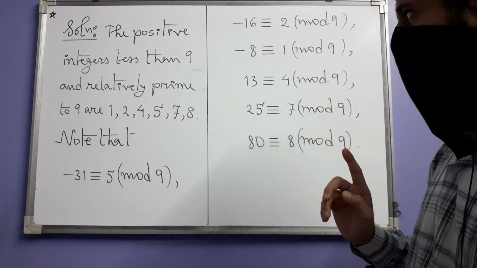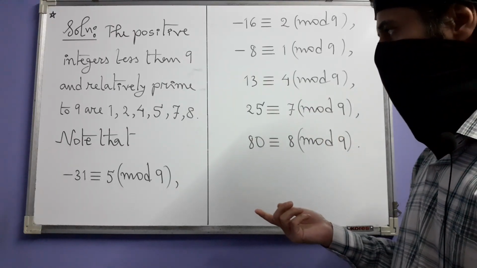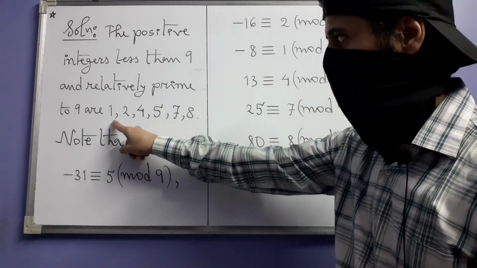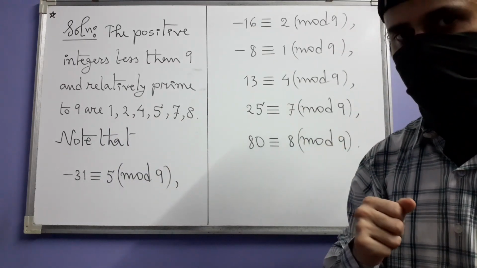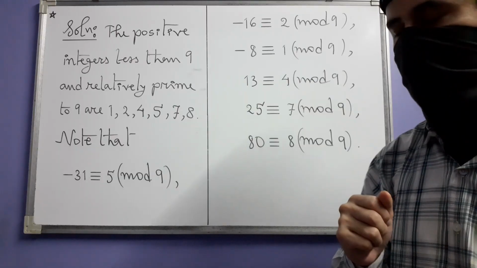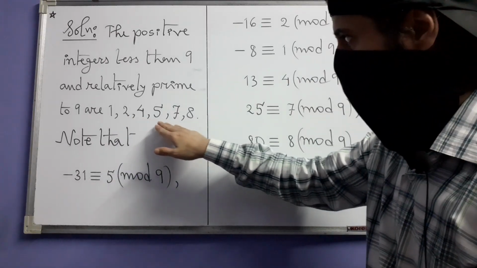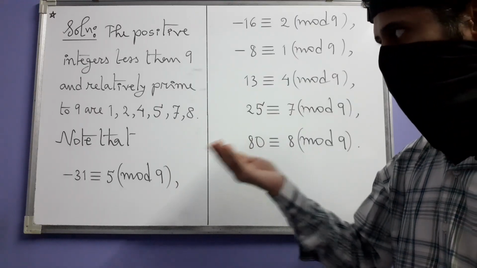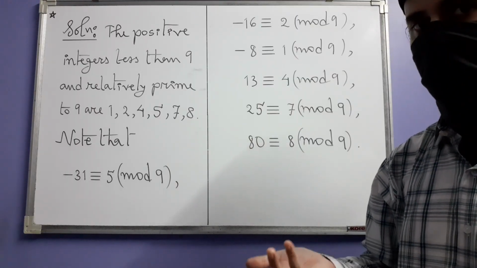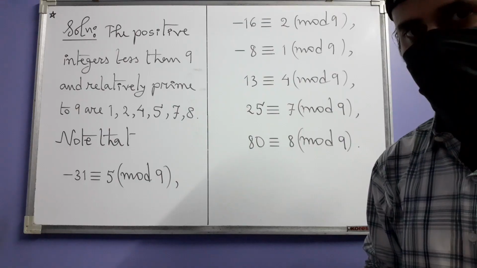However, you can be more clever and immediately see that no two of these numbers are congruent to each other modulo 9. And what is the reason? That is because they are all positive integers and they are less than 9. So their difference cannot possibly be divisible by 9.